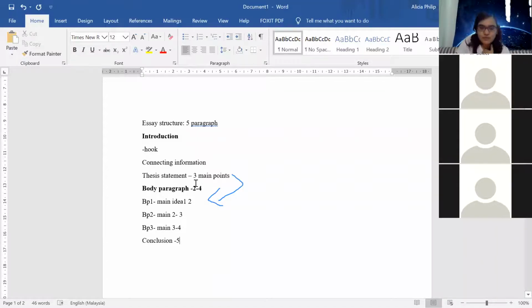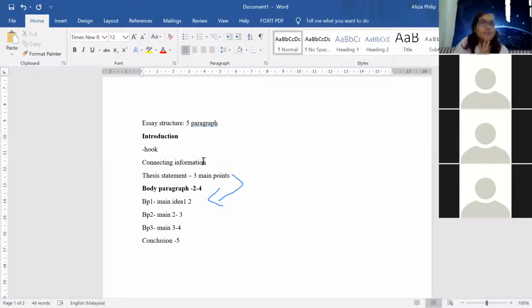But my advice would be just stick to 5, unless you're really efficient, you're really a good writer, you can write really well, then by all means write 7 paragraphs, 8 paragraphs if you want. But remember your time limit during your test also. So my advice is use the 5 paragraph structure. That's the minimum. Any questions? Any more questions?